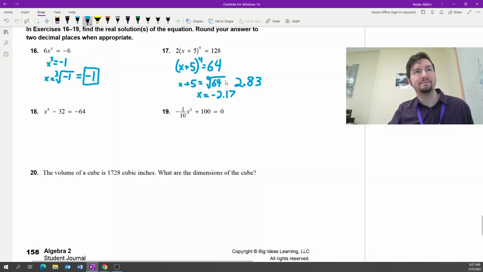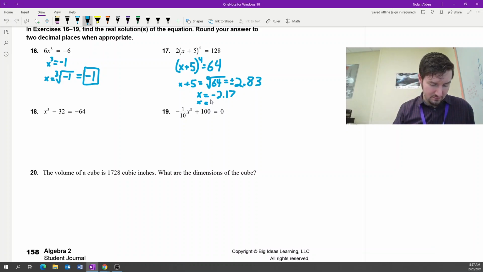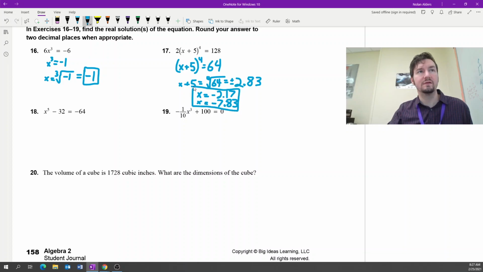So this will be plus or minus 2.83. So the other answer would be negative 2.83 minus 5. So our other answer would be negative 7.83. And there we go. We got 2 answers here.